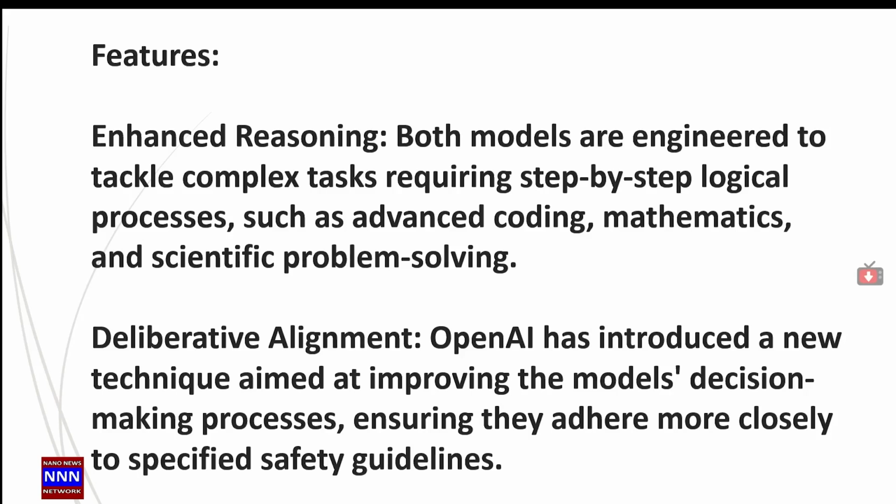OpenAI has introduced a new technique aimed at improving the model's decision-making process, ensuring they adhere more closely to specific safety guidelines. Safety guidelines are an important aspect of any AI model, and they have gone a long way to secure safety in terms of its results or outcomes.